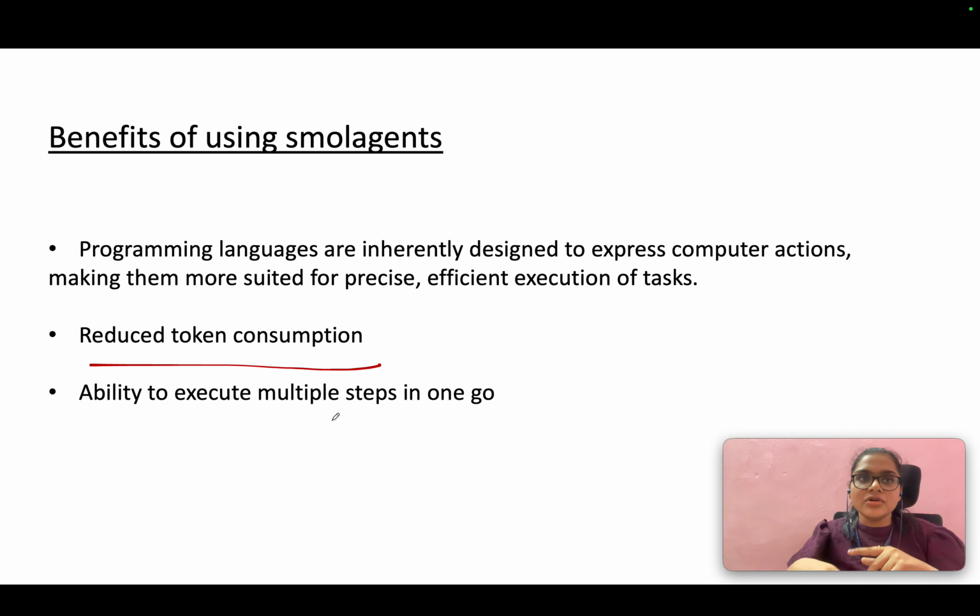We don't have to generate the JSON tool call for each step. We can simply generate a code snippet in one go, and that can be executed to get the result. So we can reduce the number of steps needed to get the result. These are the main benefits of using smolagents.